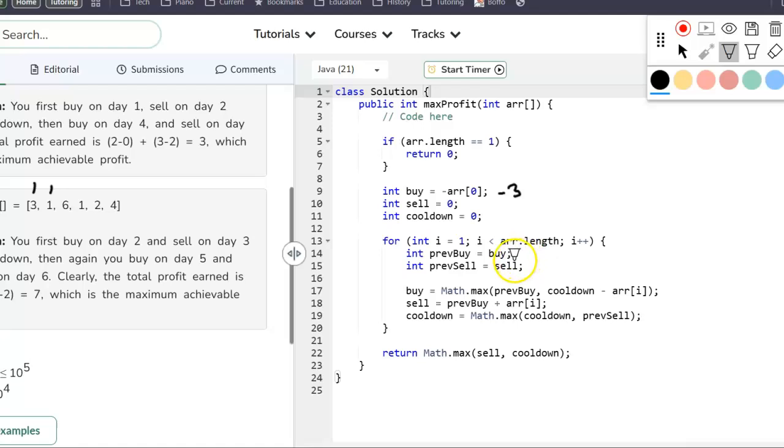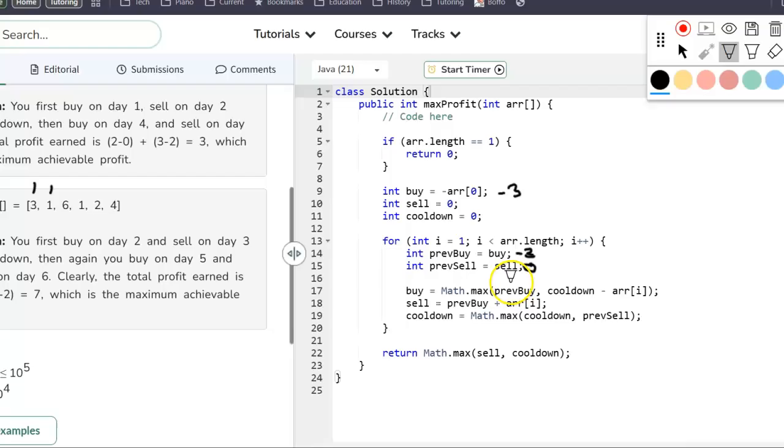So previous buy equals buy, which is -3. Previous sell equals 0. So to update the buy state, as I already mentioned, we can't just buy and buy and buy. You can only have one share of a stock.